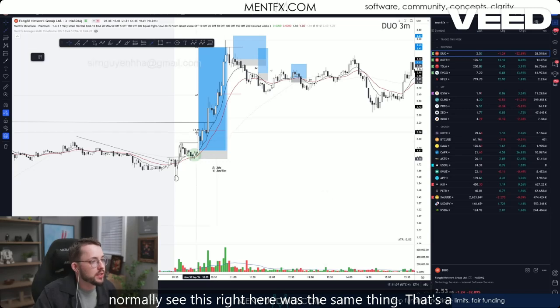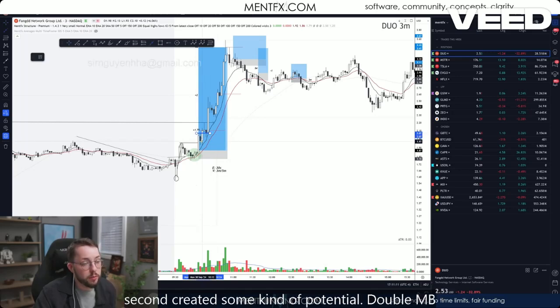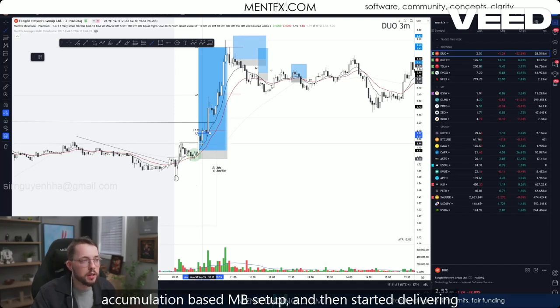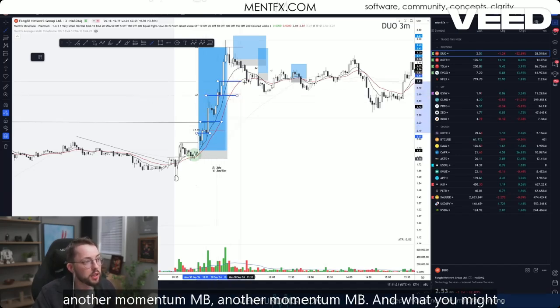This right here was the same thing. That's a momentum-based MB that likely on a lower time frame, 30-second, created some kind of potential double MB accumulation-based MB setup, and then started delivering into momentum MBs to run this momentum. It's just another momentum MB, another momentum MB, another momentum MB.